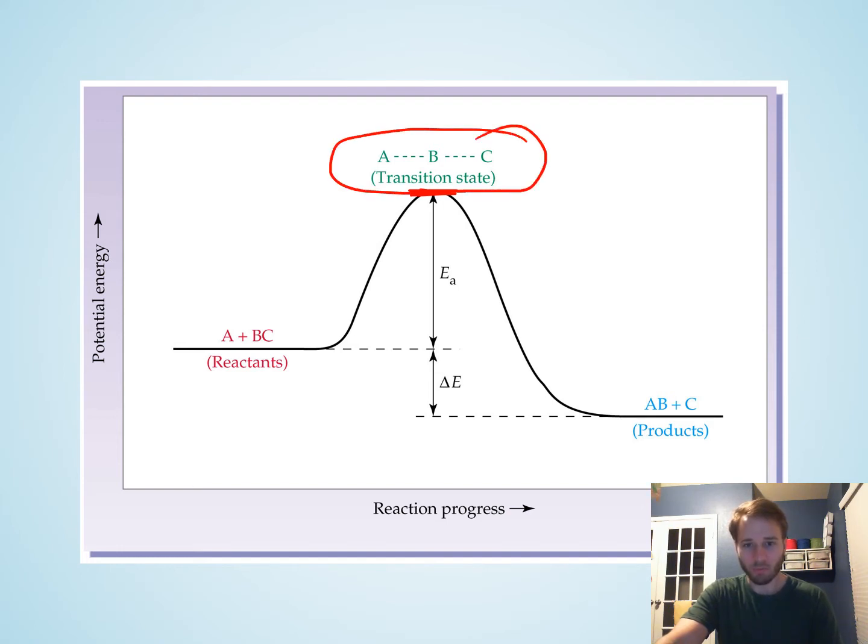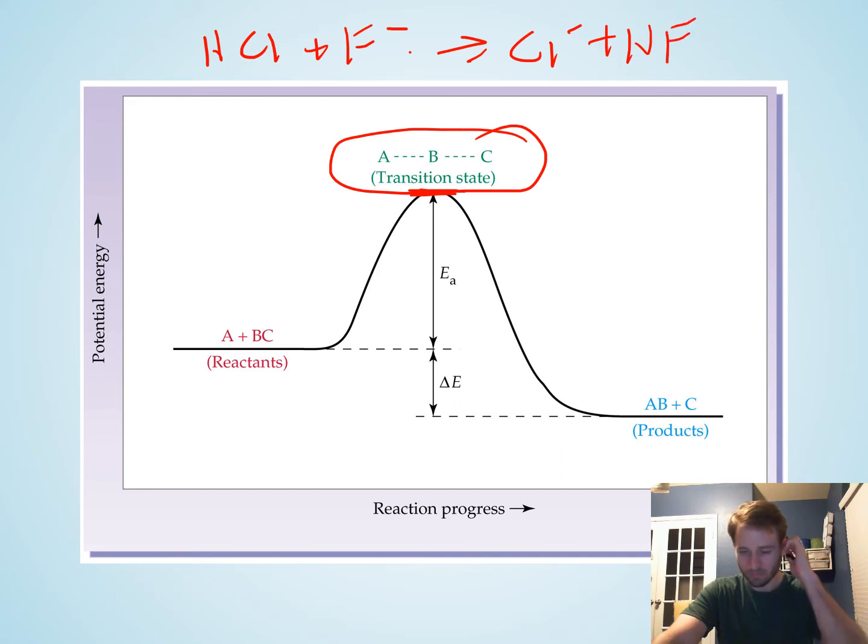So for example, let's just say we're transferring hydrogen. Let's say we have HCl plus F minus going to Cl minus plus HF. We're transferring hydrogen in this chemical reaction.